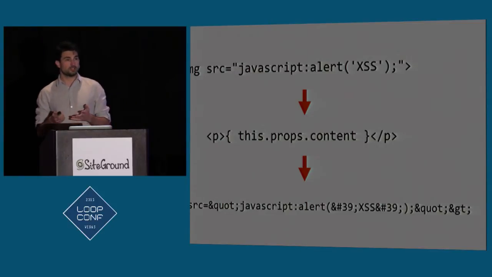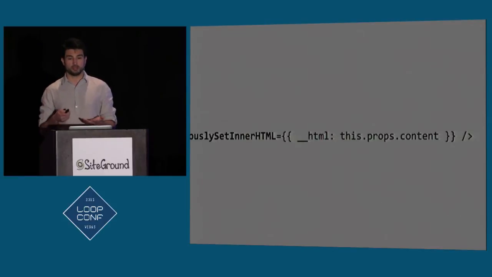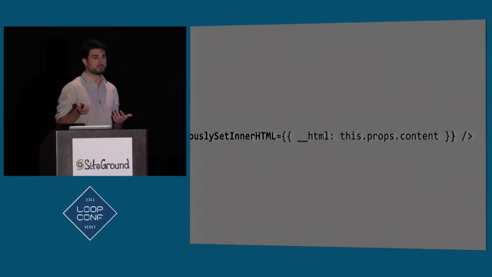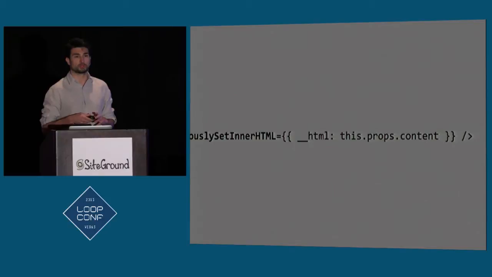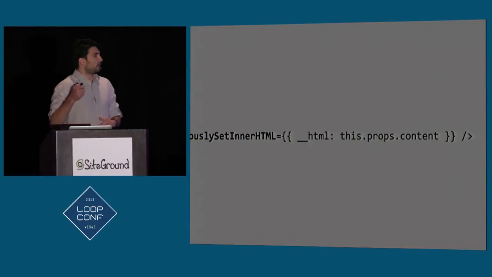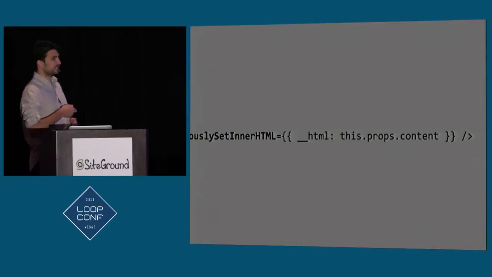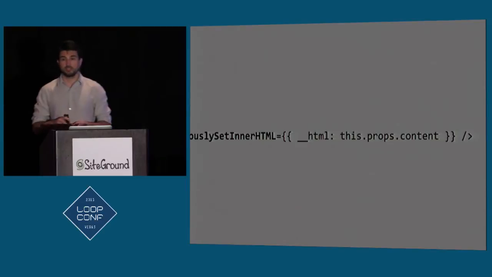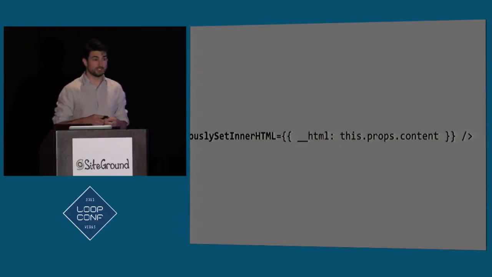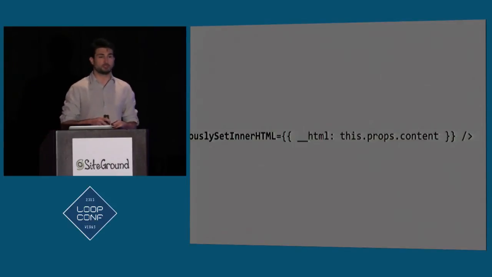And in the rare cases when you actually want to use HTML, let's say you are rendering something coming from a WordPress post, there is a special prop called dangerouslySetInnerHTML, which every single time reminds you that it's actually pretty dangerous to use it. And this works wonders. People just avoid it whenever possible.